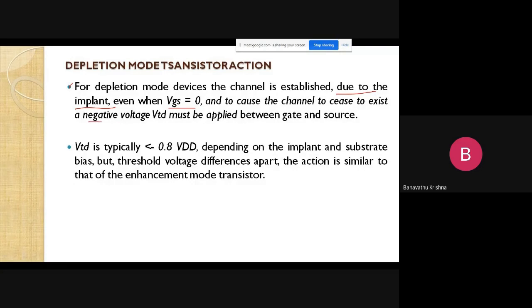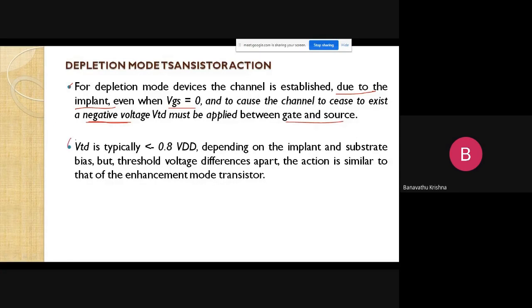Negative voltage VTD means the threshold voltage of a depletion device, applied as the gate to source voltage. Then only the device will change its properties from depletion mode into enhancement mode.